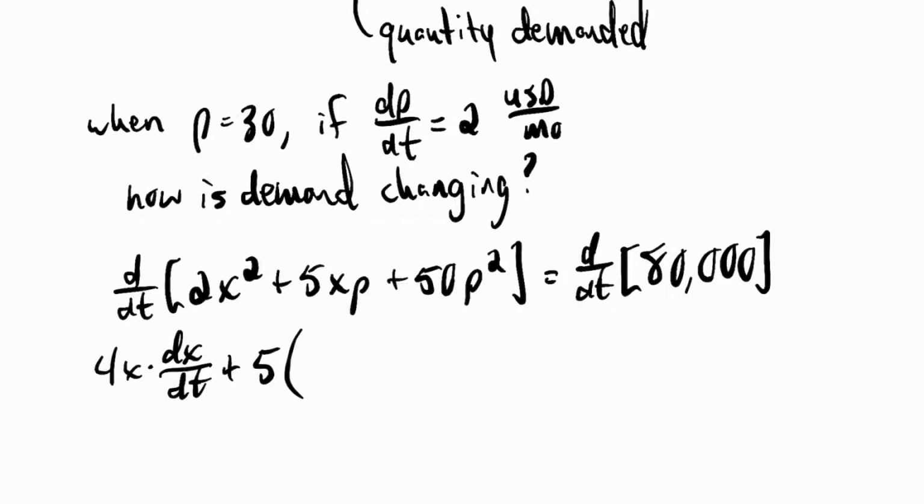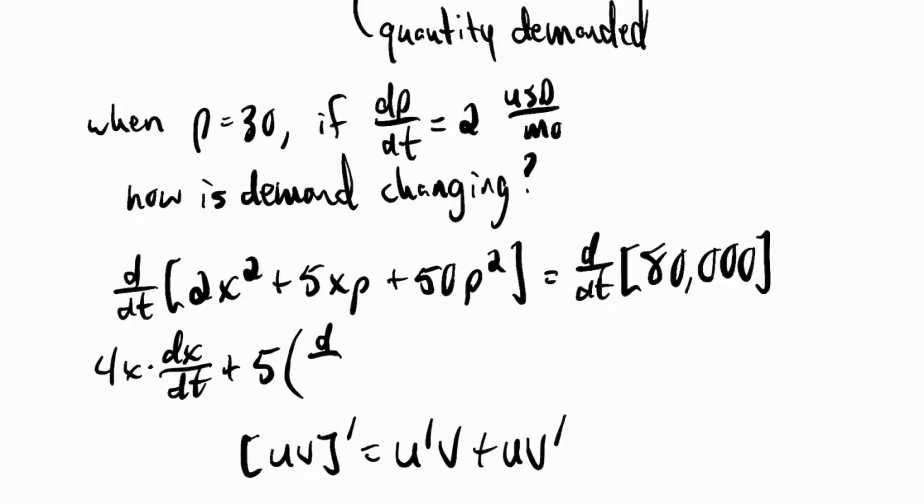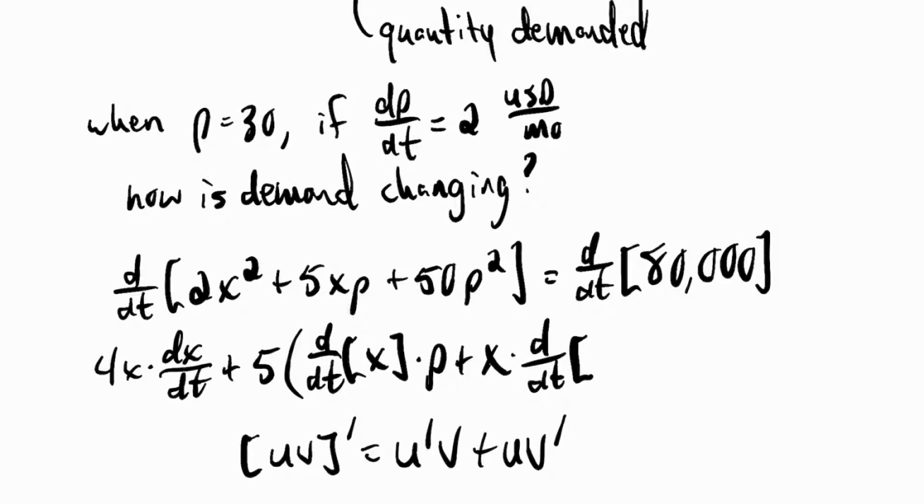So remember that the derivative of uv is u prime v plus uv prime. In other words, the derivative of the first factor times the second factor plus the first factor times the derivative of the second factor. So I'm going to write this out like this: d/dt of x times p plus x times d/dt of p. So that's the second term.